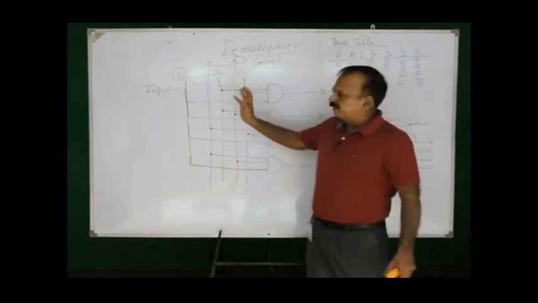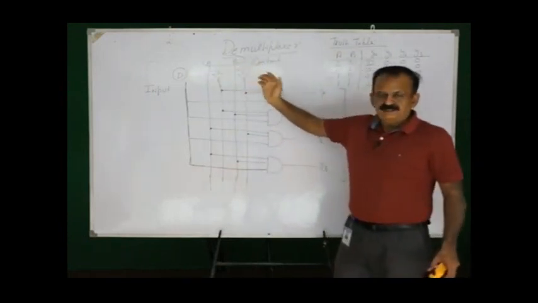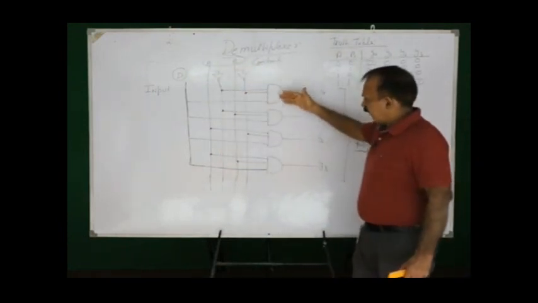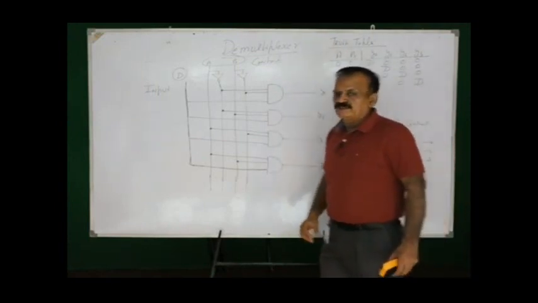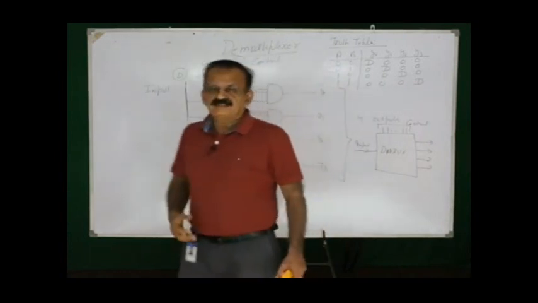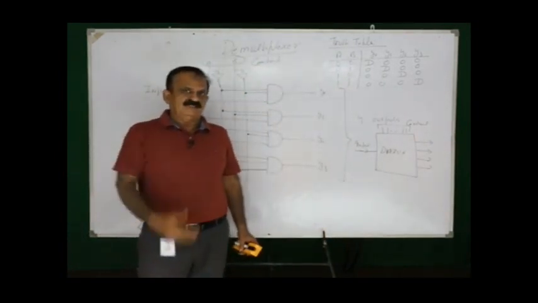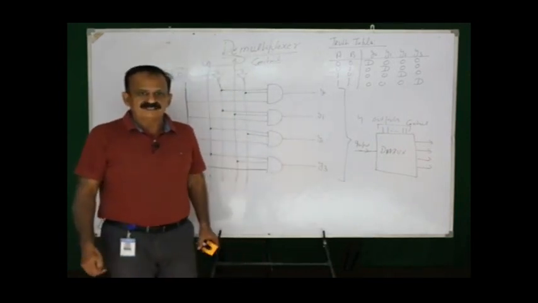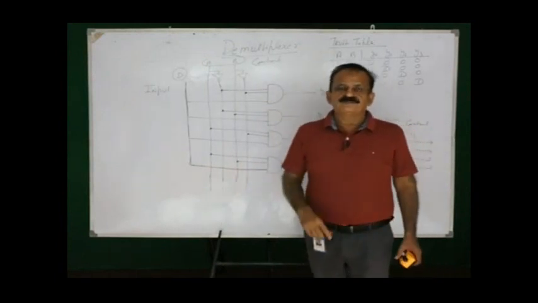I hope you understand, for 8 combinations there should be 3 control signals. Yes, and we will have 8 AND gates with the outputs from Y0 to Y7, and similarly there can be a 16 to 1 multiplexer. A 16 to 1 multiplexer means 16 inputs and 1 output.